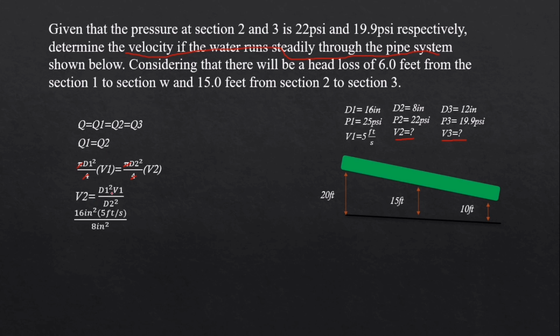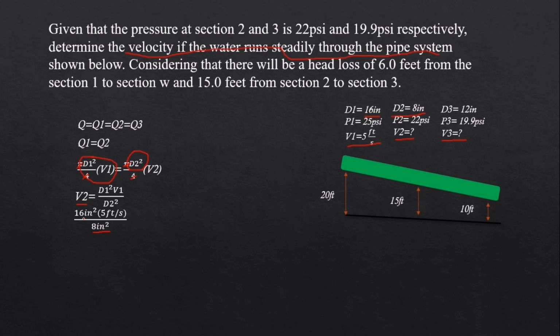v2 is equal to d1 squared times v1 over d2 squared, and we are tasked to find the v2, the velocity in section 2. So our d1 squared is 16 inches squared times 5 feet per second, which is our v1, over 8 inches squared, our d2 squared.